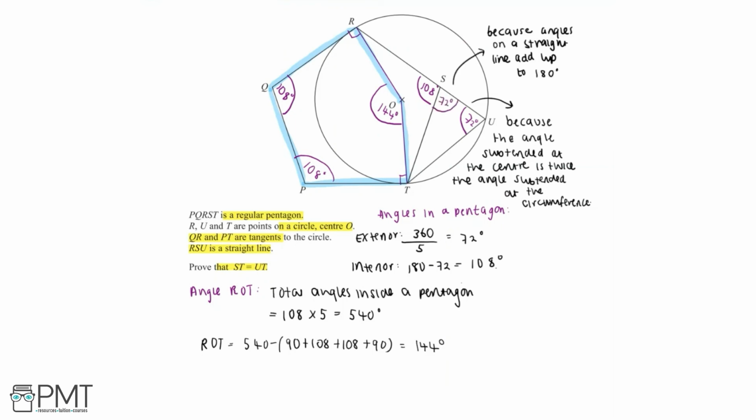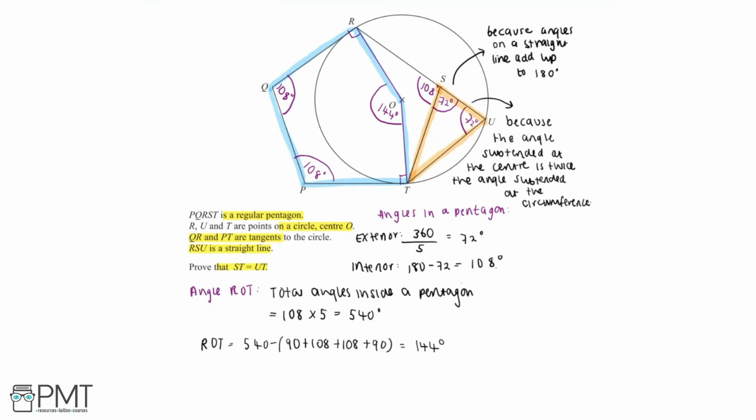So now that we've found angle TSU and angle TUS, we've already proven that ST is equal to UT, and so let's take a look at why. Let's outline the triangle TSU in orange. So looking at this triangle, we can see that angle TSU is equal to angle TUS, and so the base angles of this triangle are equal.